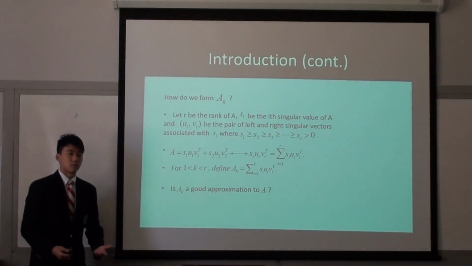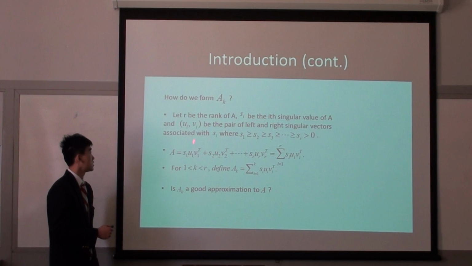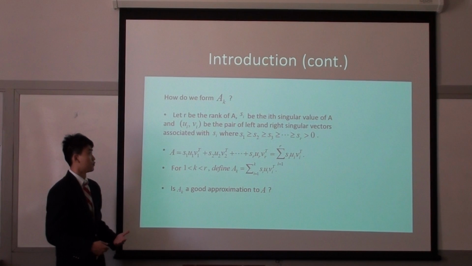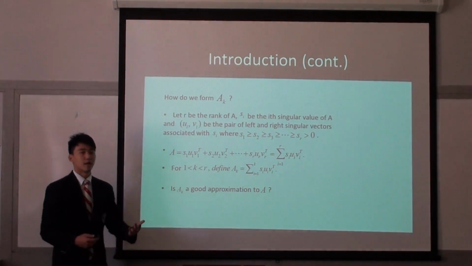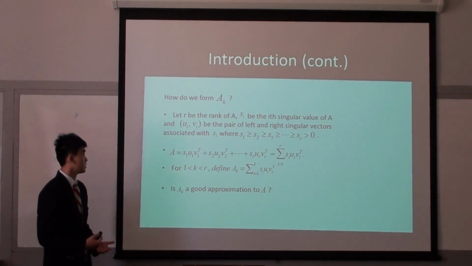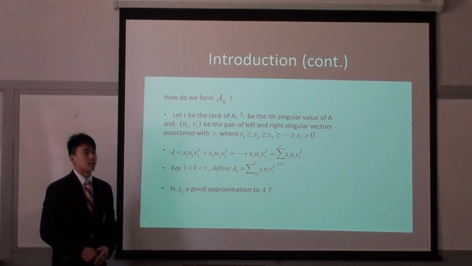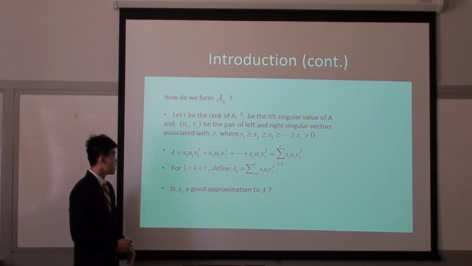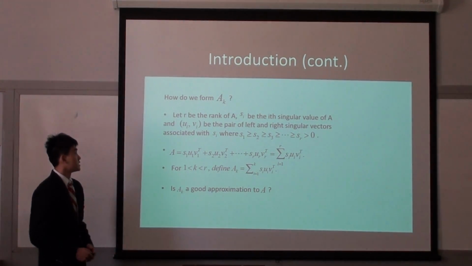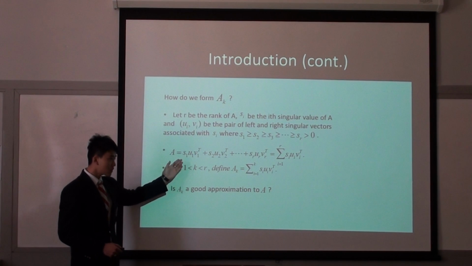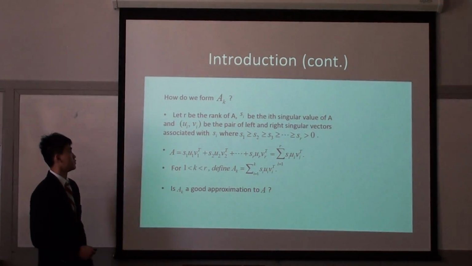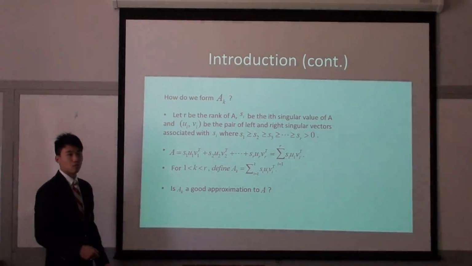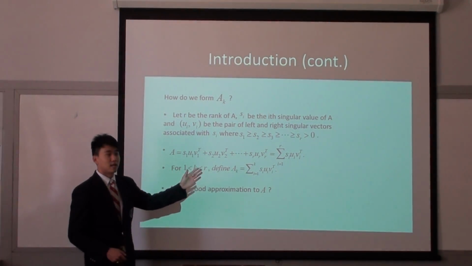So how do we form A sub k? Here's some basic terminology. r represents the rank of that matrix A, and sigma i is the singular values of that matrix, which I'll explain later. And u i and v i will be the respective left and right singular vectors. When we do the singular value decomposition right here, matrix A can be written in this form as sigma 1 times u sub 1 times v sub 1 transpose plus and so on, all the way to the last rank.